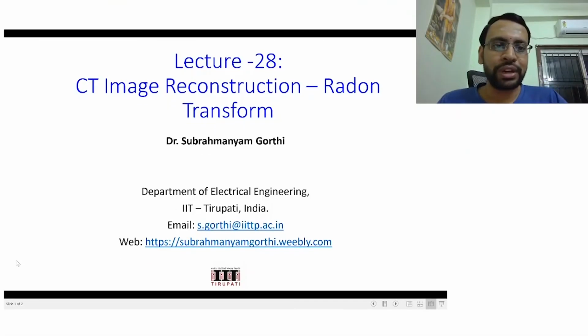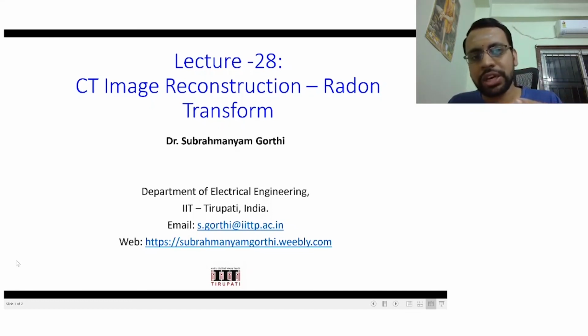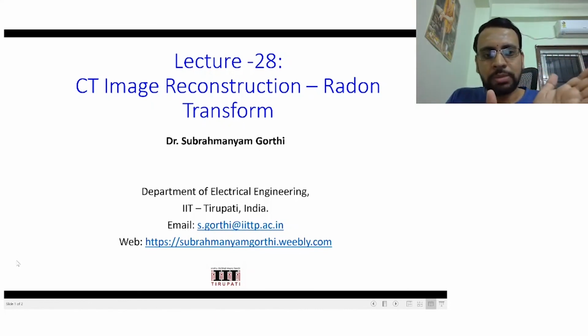I hope what we have discussed is clear to you. Let me quickly recap. In CT, if your object is 3D, you take multiple 2D projections of that object and combine them appropriately to get the 3D profile. We have not yet discussed how you combine them to get 3D. All we discussed in this class so far is, if I tell you at what angle I am parallelly projecting my X-rays and putting my sensor at an angle theta, what would be the values I would get on this projection?